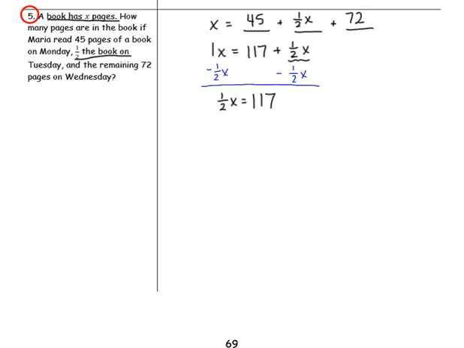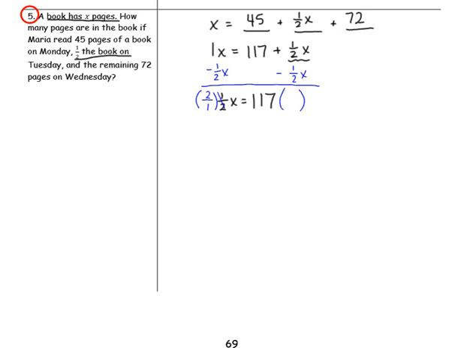Next, multiply by the reciprocal of the coefficient to solve the equation. Show multiplication with parentheses. The reciprocal of 1/2 is 2 over 1.